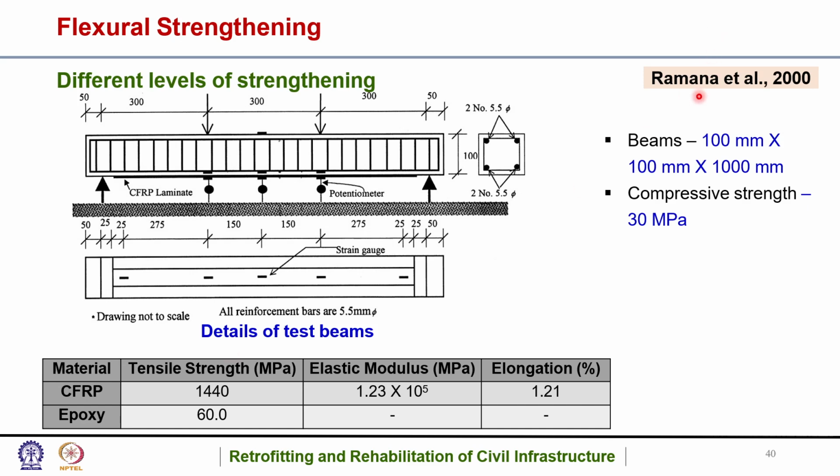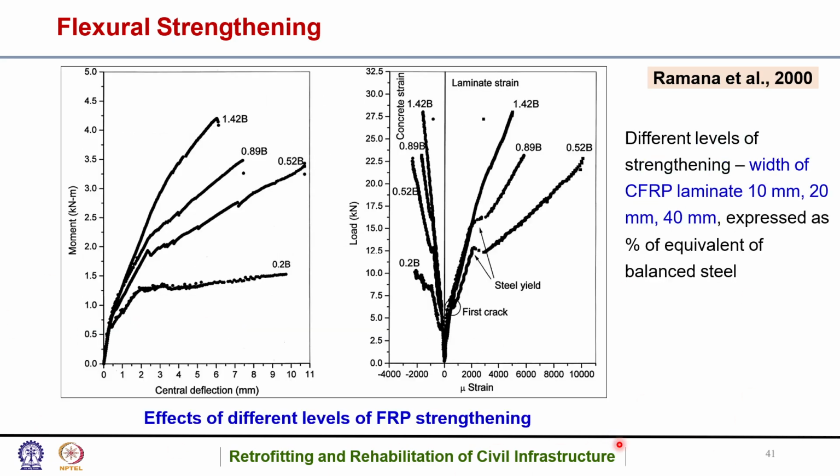So one more literature, this investigation was done in 2000 by Ramana and the team. So these were the different levels of strengthening, and these were the details of test beams. The beams were 100 by 100 by 1000 in dimension and had a compressive strength of 30 megapascal, and these were the specifications.